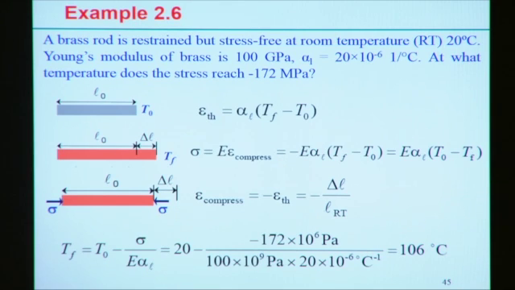Now if there is a temperature difference, the rod will try to expand freely if there is no constraint or obstacle on the deformation. The second figure indicates the length of the material at the final temperature, when no constraint is applied.